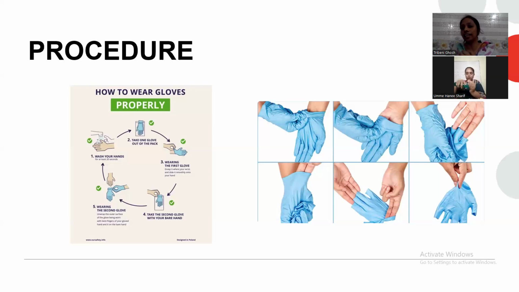Yes. In case you dropped it anywhere in your workspace, just sanitize it with 70% alcohol. Okay. And what if, before doffing my gloves, I sterilize them with hand sanitizer?